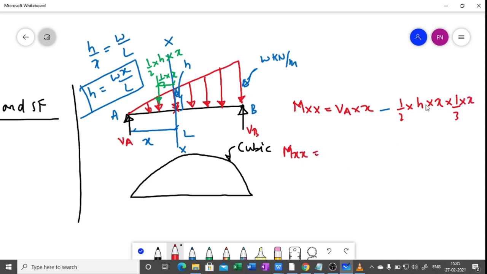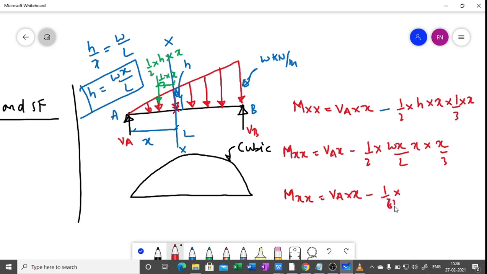Now just substitute the value of h in this equation. Half into h is wx by L into x by 3. Simplify it: Mxx equal to VA into x minus w x cube by 6L.